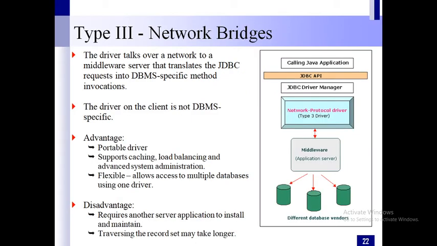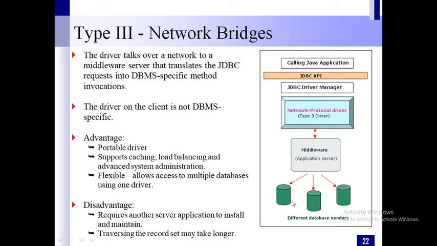Then type 3, network bridges. Here we'll use application servers or middleware in between the driver and the data source. The driver will talk to data sources via the application server.